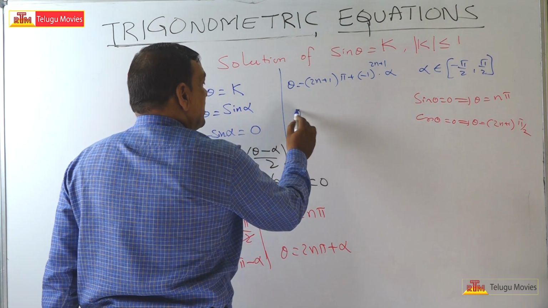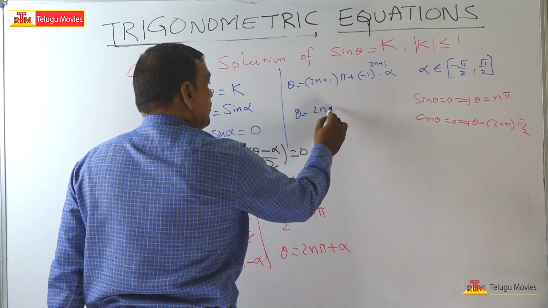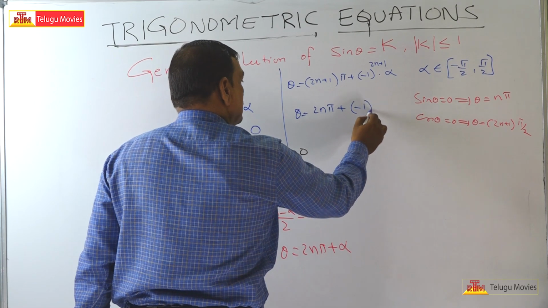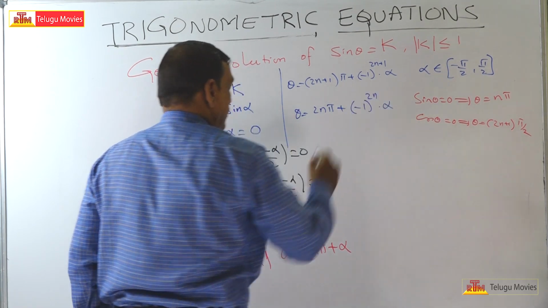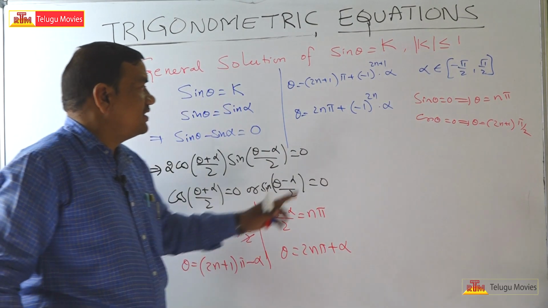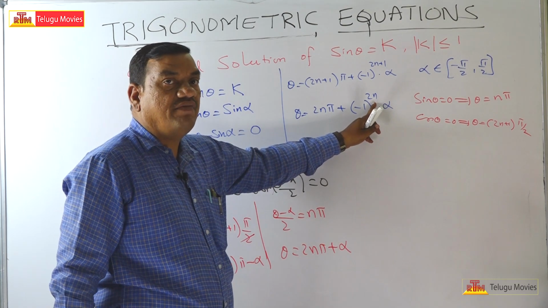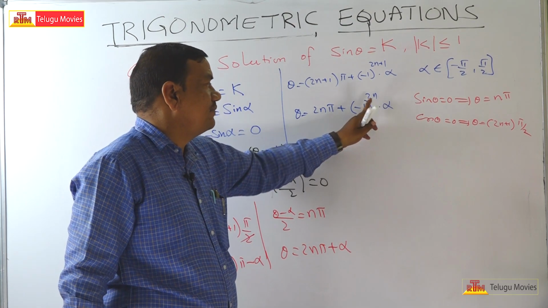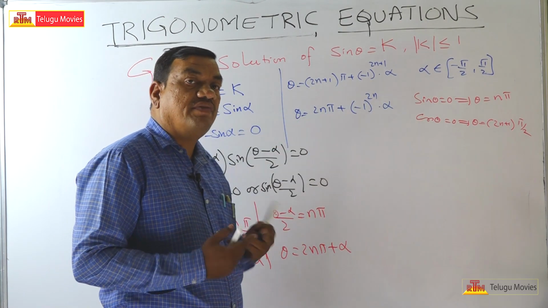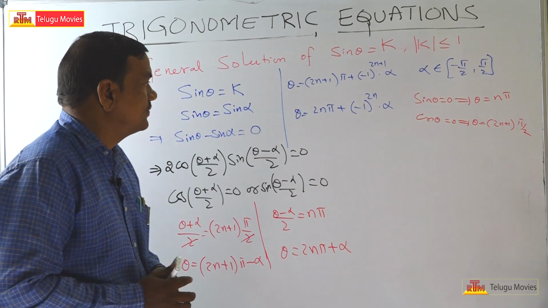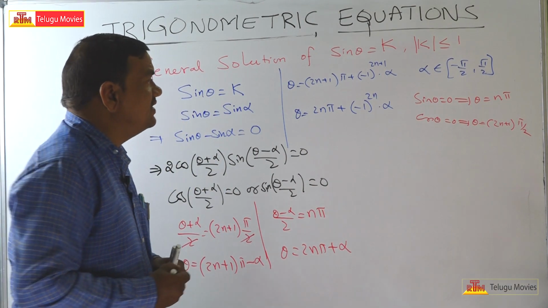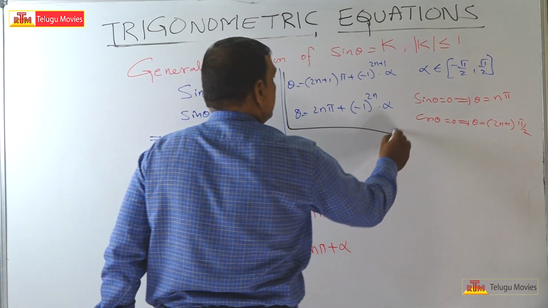This second one I will write as 2n pi plus (minus 1) whole power 2n into alpha. Why? Because here it is an even number, and minus 1 whole power even number again gives plus. Now, let us combine these two solutions and we will get the general solution.